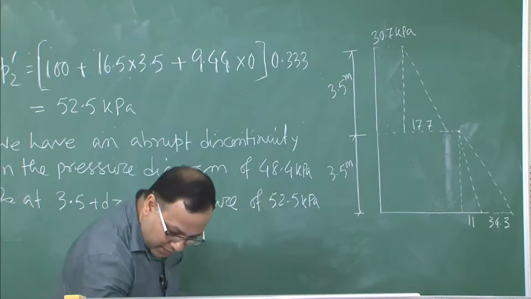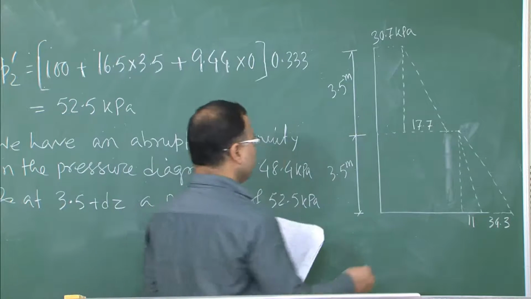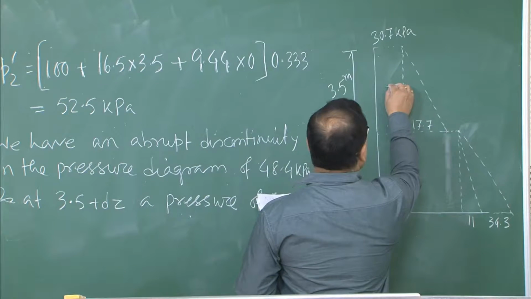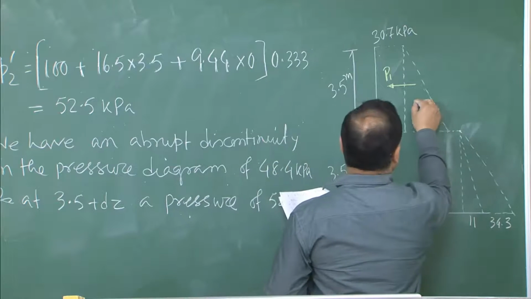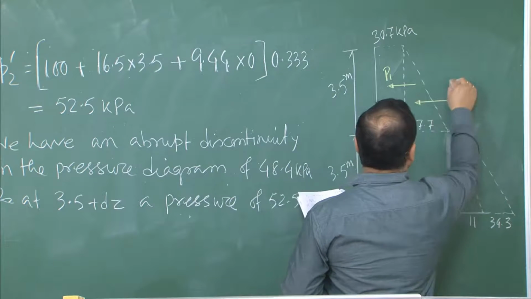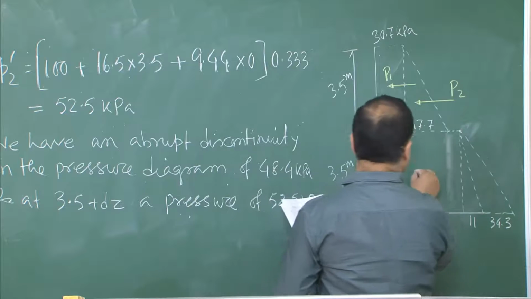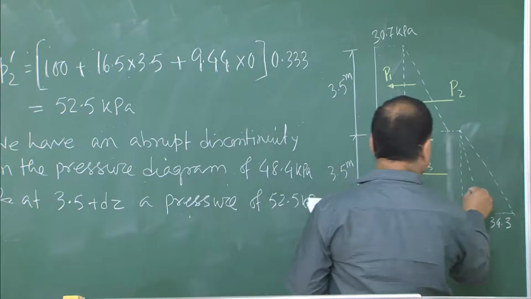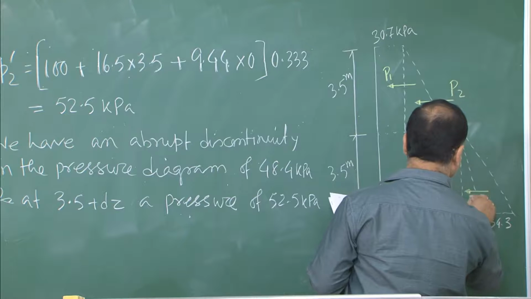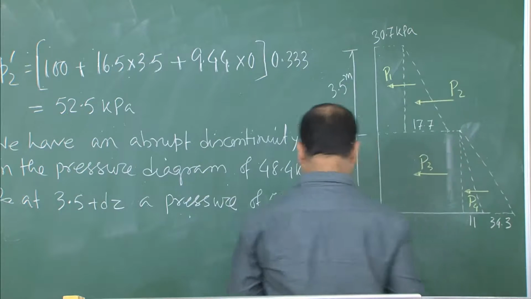So, I will be getting the thrust, say this is your P1, this is your P2, this is your P3, this is your P4.